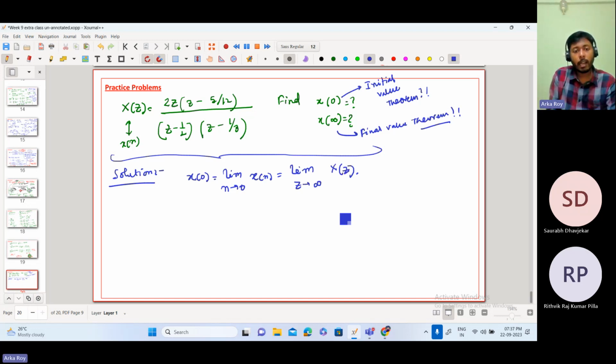So I had derived that x0 is basically limit z tends to infinite X(z). You can check that video for your reference. I will put it in the I button.